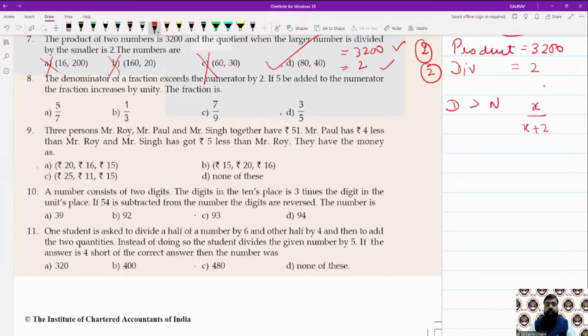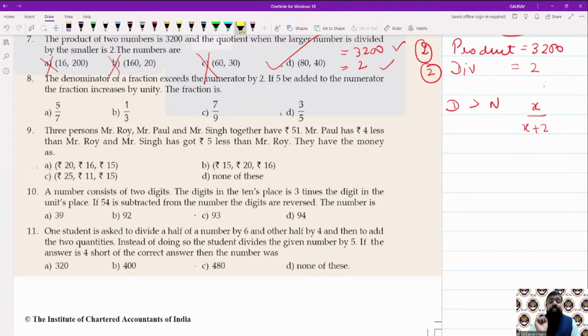If 5 is added to the numerator, the fraction increases by unity. Now this time we are adding 5 to the numerator only, not the denominator. That is 1. Then we have to find the fraction.